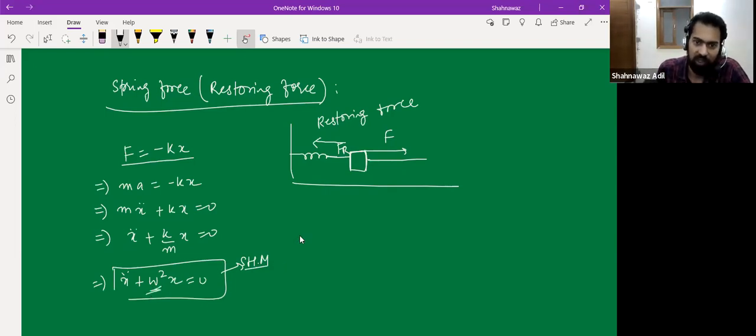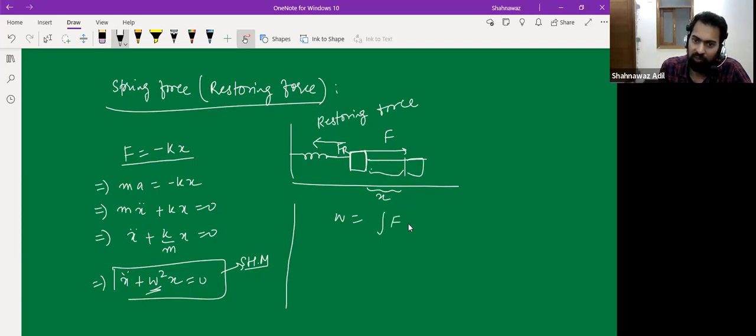So what I wanted to talk about here is the work done for this case. Let's say you displace this object up to here, and the displacement is x. So what will be the work done?